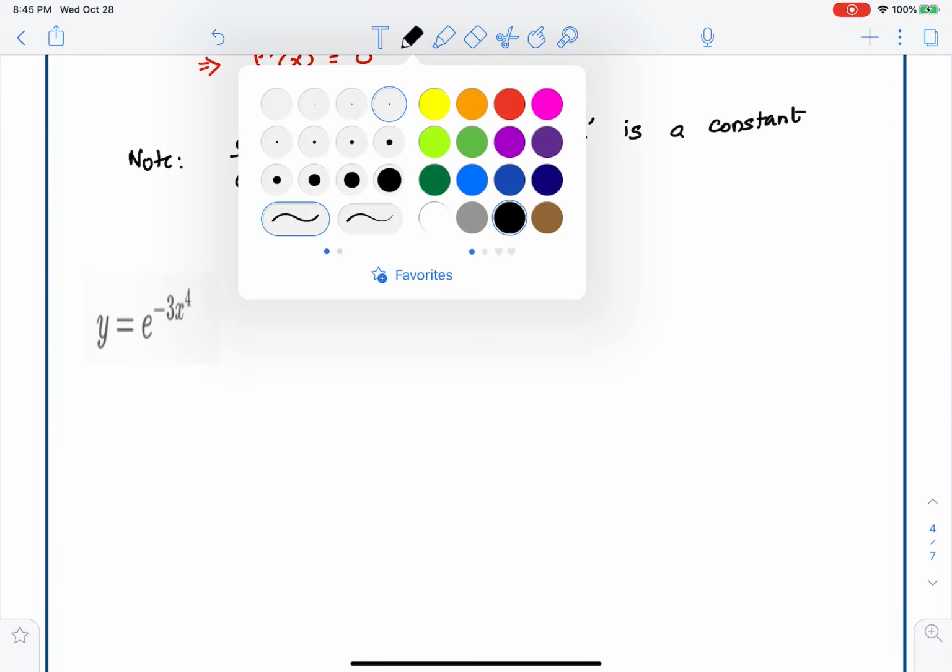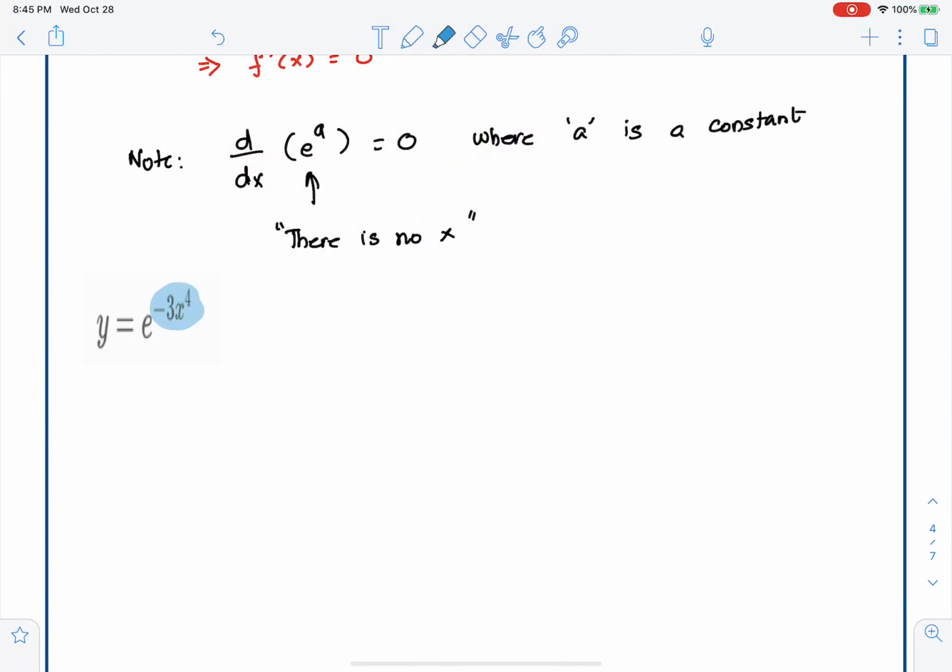We actually have -3 x raised 4. So we have to use chain rule. We treat the exponent as x, and the derivative of that exponential would simply be e raised -3 multiplied by x raised 4.